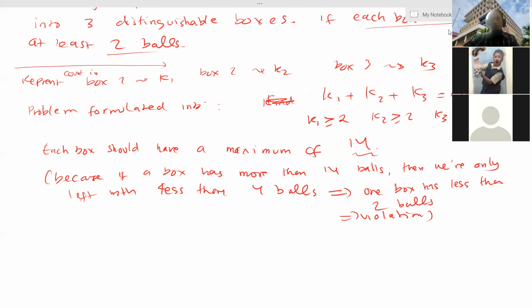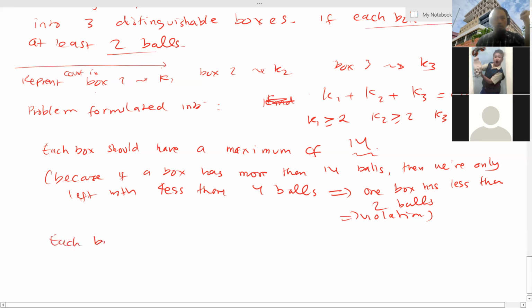So we know that each box should have a maximum, so each box should be at most 14. So therefore we could write each box, each box can be represented by the following series, right?